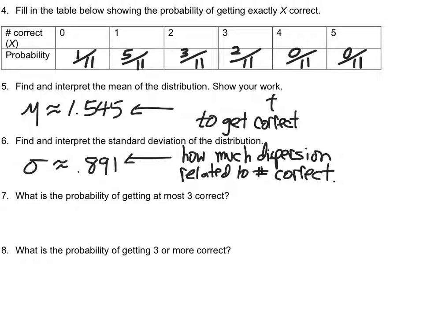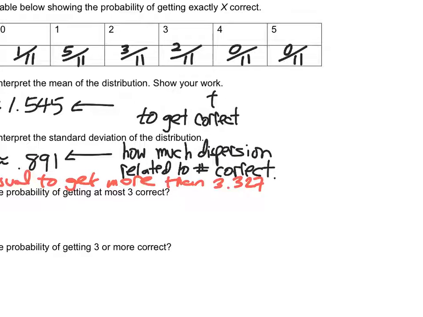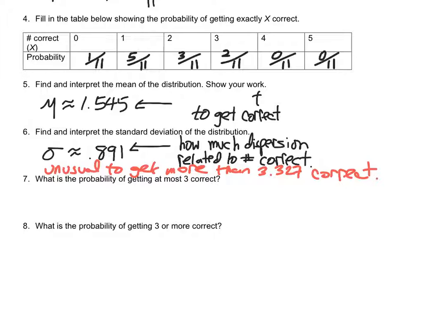You know they weren't really calling for it in this case, but it's nice to throw it in there. Unusual to get more than 3.327 correct. Again, they didn't call for it, but I would want to know that.